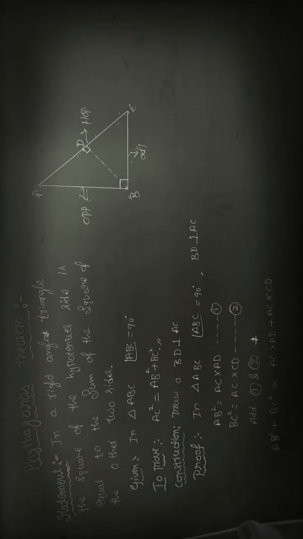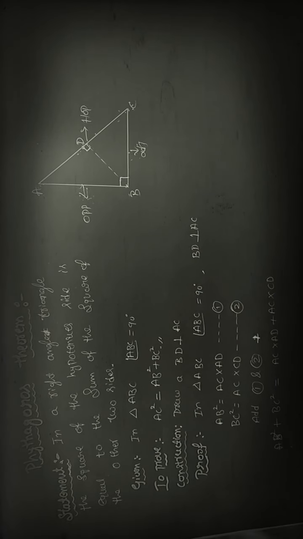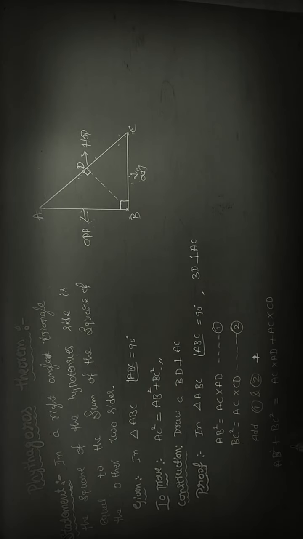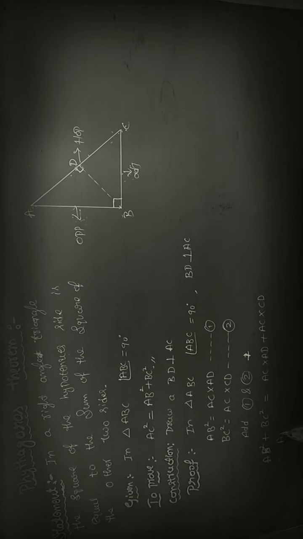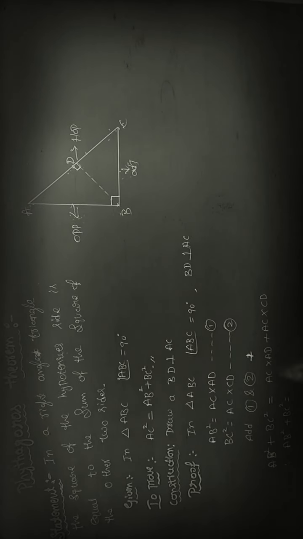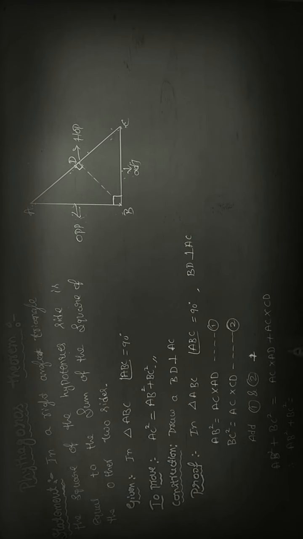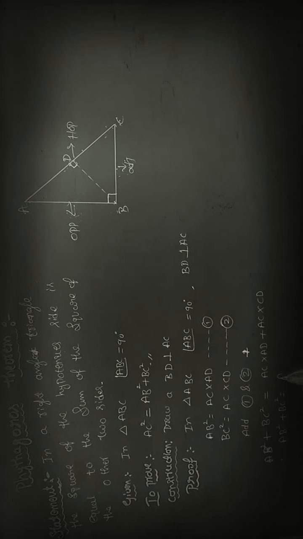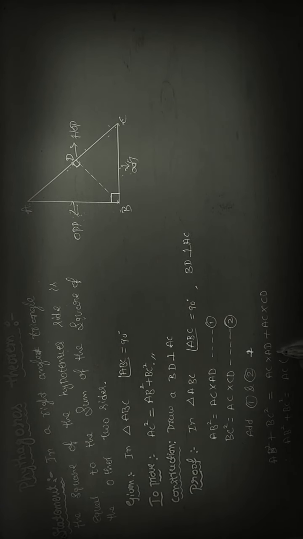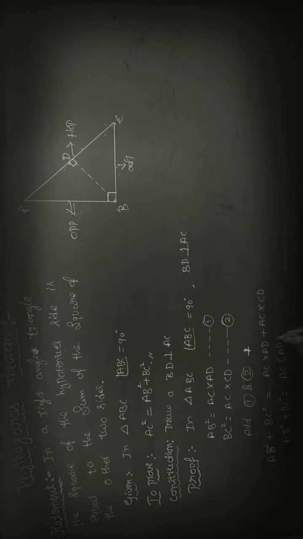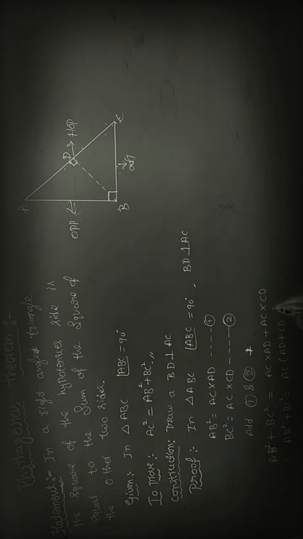Therefore AB square plus BC square is equal to, since AC is common in both terms, take AC as common. We are left with AD here and CD here.